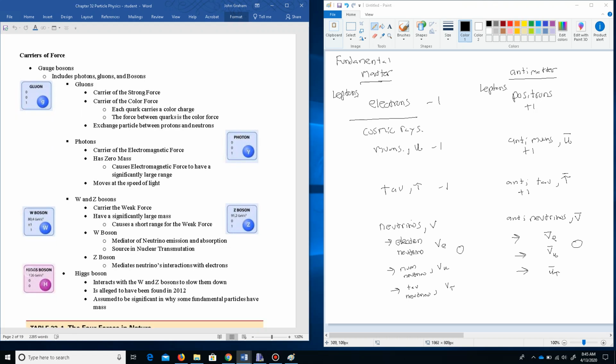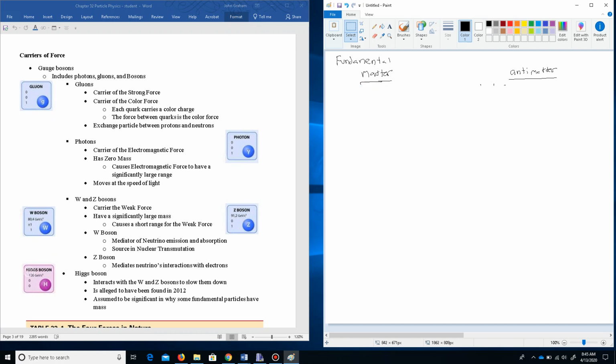Right, so we went through now 6 different quarks and 6 different leptons. So we have 6 quarks that are fundamental, 6 leptons that are fundamental, and of course we have 6 anti-quarks, 6 anti-leptons.